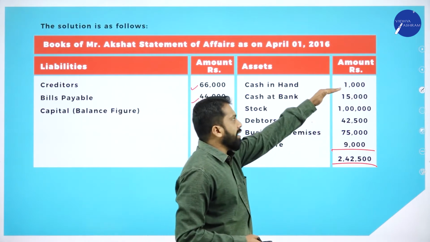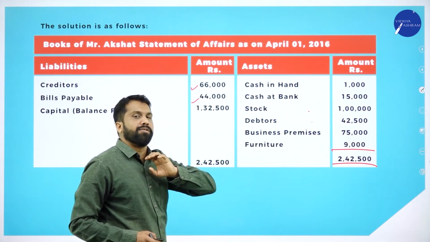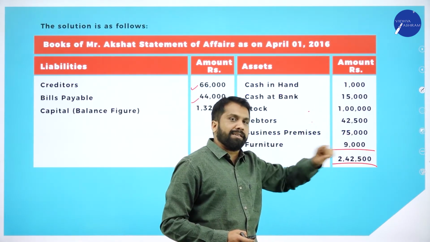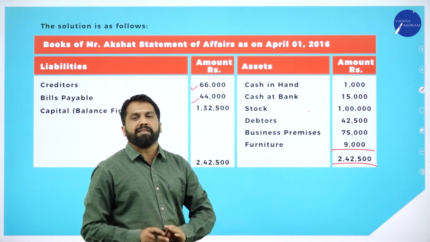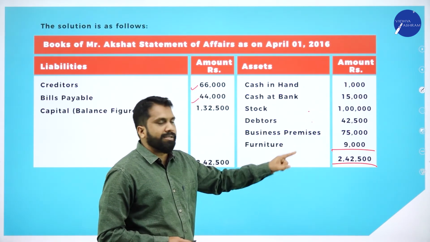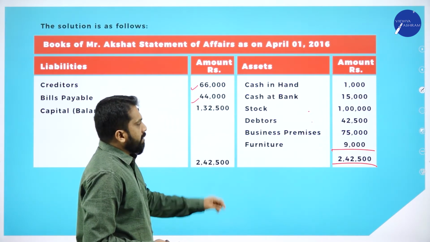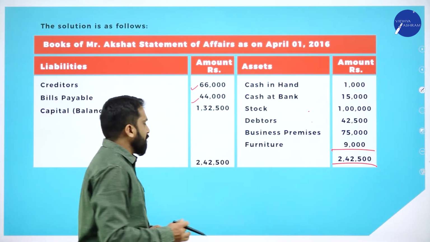You have to add one by one. To the maximum extent, don't use a calculator. Without a calculator, try to add everything. In your examination, you can use a calculator, but for the better side, you should be capable of solving without it too. Now, 2,42,500, the same answer you should write here also.